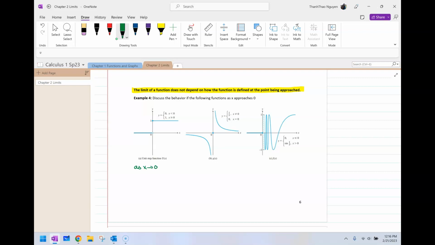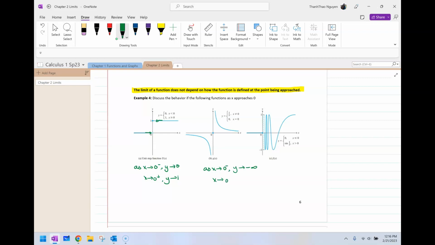Here, as x approaches 0 from the left, y approaches negative infinity.